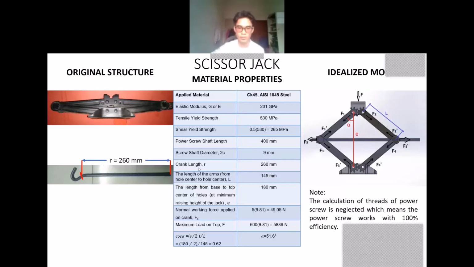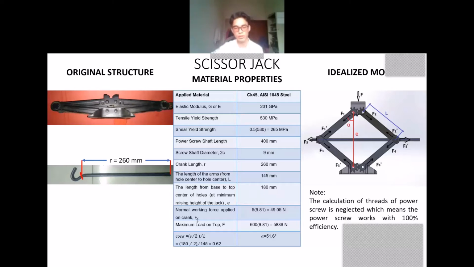The crank length, as mentioned earlier, is 260 millimeters. The length of the arms from hole center to hole center, which is L, is equal to 45 millimeters. The length from base to top at minimum raising height of the jack, which is E, is equal to 180 millimeters.